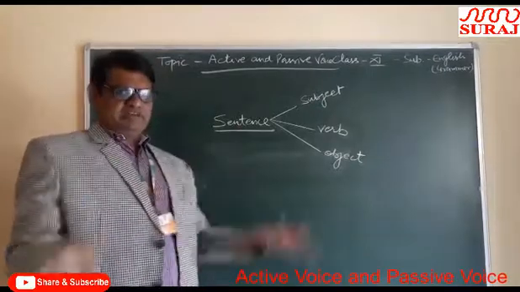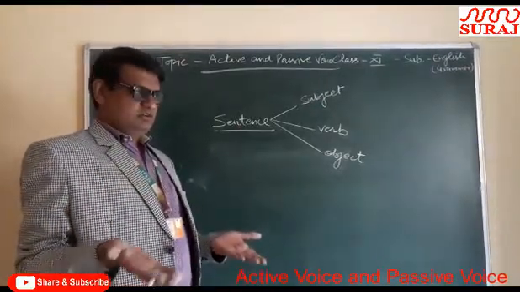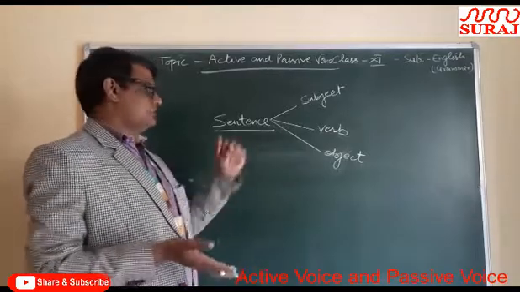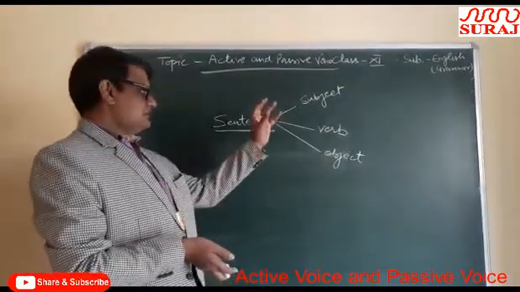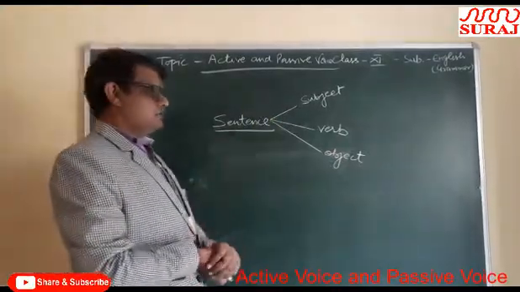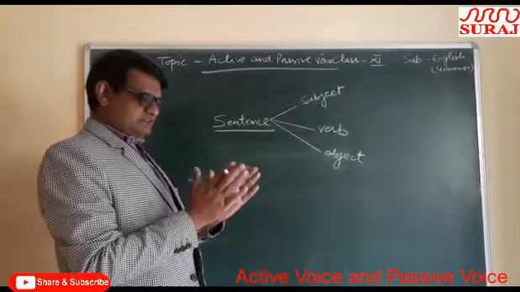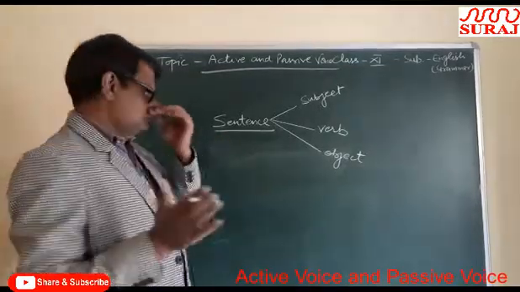Subject is the doer of an action. A person or a thing about which we are talking is called a subject. In short and sweet, the doer of an action is called a subject. And then the verb. Verb is a kind of action.